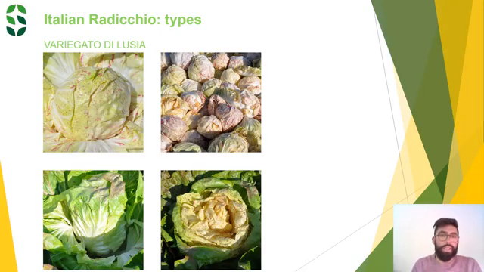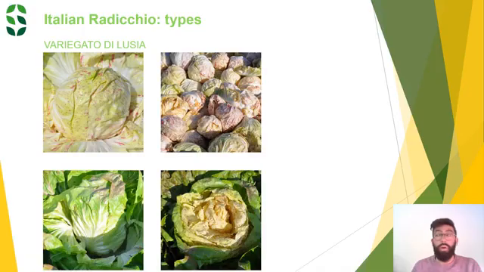Variegato di Lusia is another variegato type, but more closed, not overwrapped like a Chioggia, but more closed than the Castelfranco. The shape is rounded oval. And the interesting thing is that nowadays there are not such early varieties of Castelfranco.